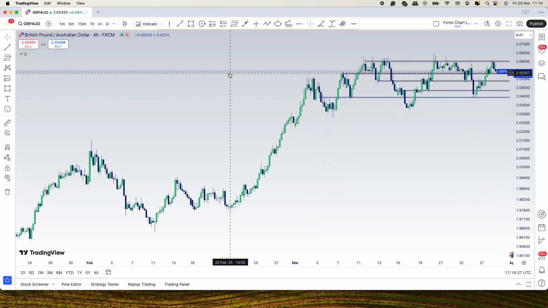So just to recap, we're looking for strong rejections on the higher time frames. We're looking at market structure, okay, and we're looking for where candle bodies cannot close above, and we end up seeing wicks. That's then where you're drawing on your levels.